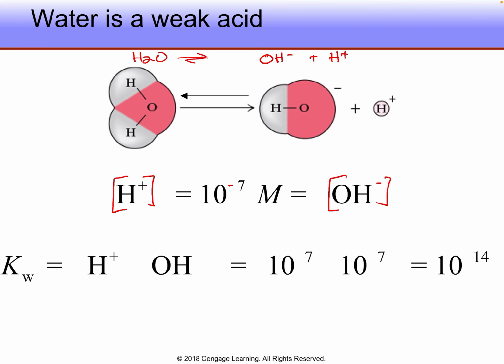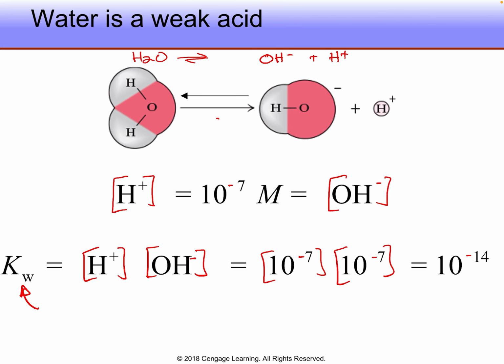And with neutral water, for every time one breaks down, you get one OH minus, one H plus, so that means their concentrations are the same. This is in equilibrium, so it has an equilibrium constant. That equilibrium constant has a special name, and that is Kw.